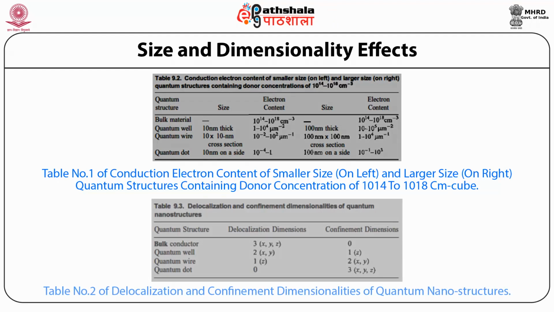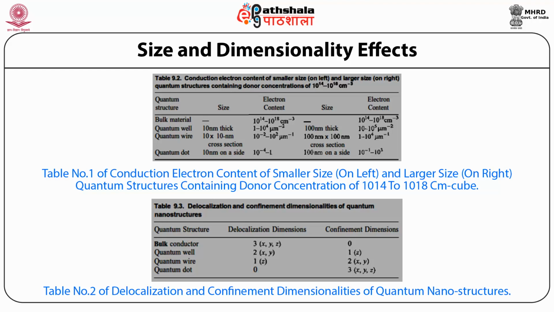Similarly, in Table 2, the delocalization and confinement dimensions of quantum nanostructures are shown. For the bulk counterpart, the delocalization is in all three directions and there is no confinement. In the case of a quantum well, the delocalization dimension is 2 and the confinement dimension is 1.